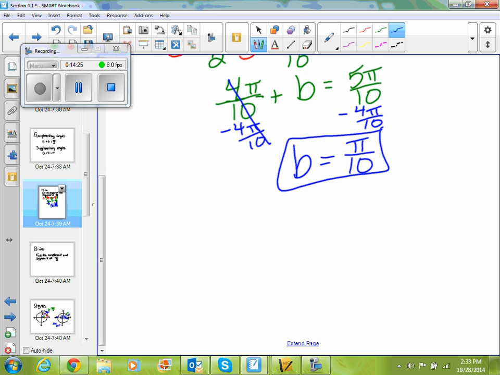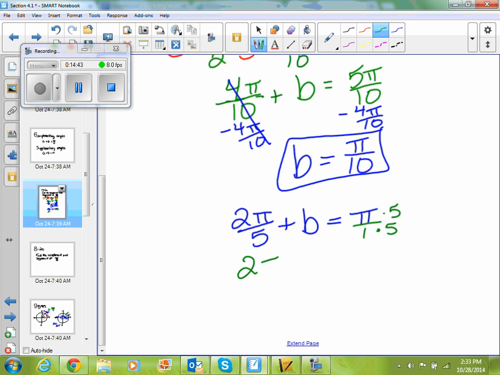To find my supplement, I take that 2 pi over 5 again, and I'm adding an angle to that, but this time I want to make it equal pi. So to get common denominators, I'm going to multiply by 5. So I end up with 2 pi over 5 plus b equals 5 pi over 5.